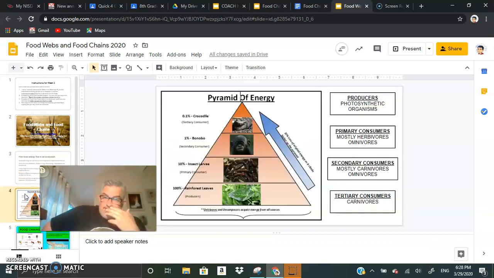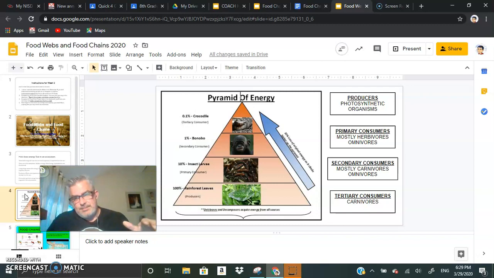So this is the energy pyramid. The bottom shows you where all of the energy basically is stored. When the sun's energy gets to Earth, it's all stored in all of our producers: grass, plants, flowers, trees. It's all stored there. Then the primary consumer comes in, an herbivore or an omnivore, which is an animal that eats both meat and plants.